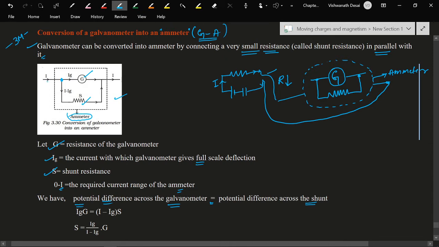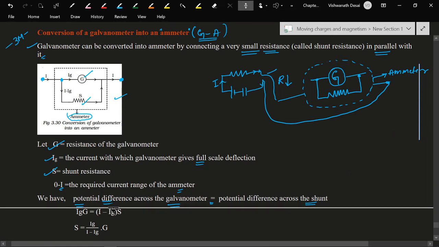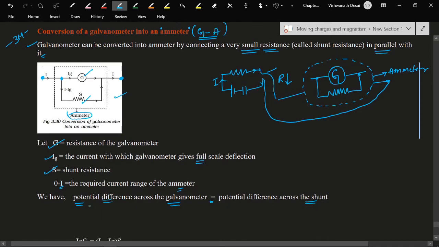Whatever voltage you apply at the ends, the same voltage is applicable for both G as well as S. Therefore, I will write here one step: the potential difference across the galvanometer should be equal to the potential difference across the resistance S.